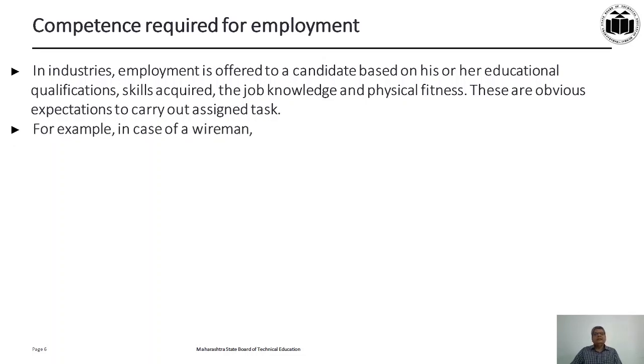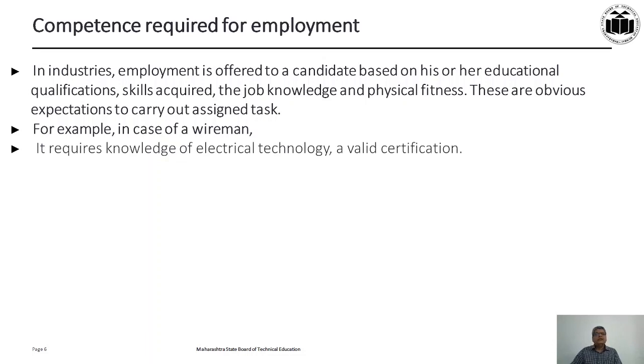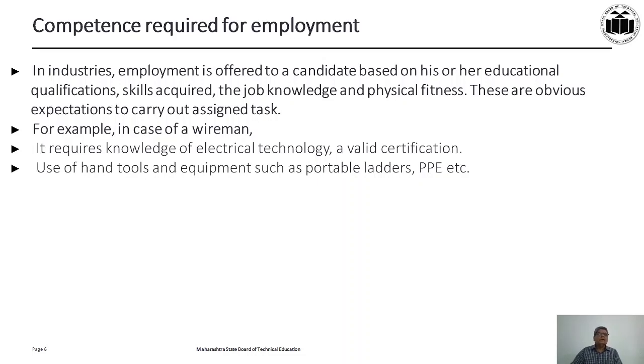Now take the example of the wireman. It requires knowledge of electrical technology and a valid certification. He must be a certified electrician. He must know how to use the hand tools, that is the drilling machine, pliers, screwdriver, and so on and so forth.